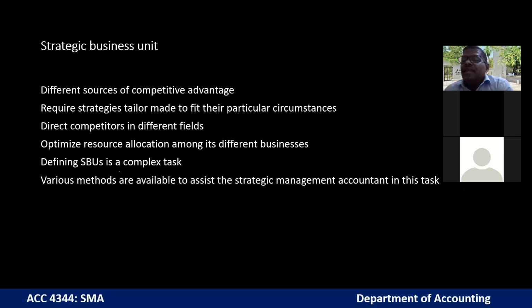They identified their SBU as increasing the productivity of the office. So they define their SBU not in a narrow technical way, but they look at the ultimate outcome, the ultimate benefit of their product. Thereby they look at the business unit from a broader perspective rather than a narrow perspective like photocopying.